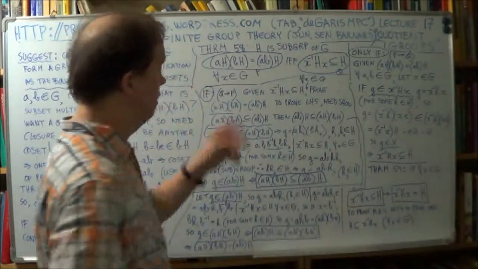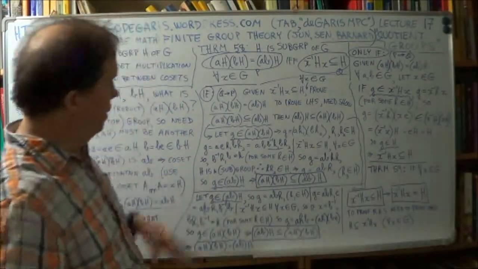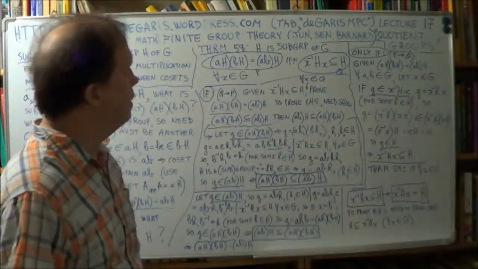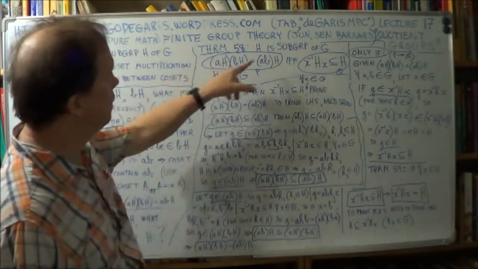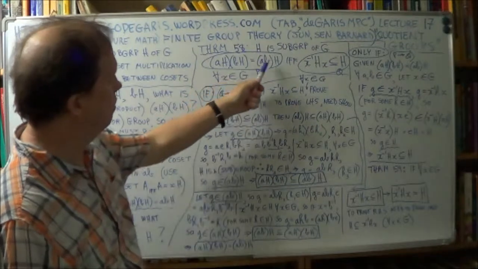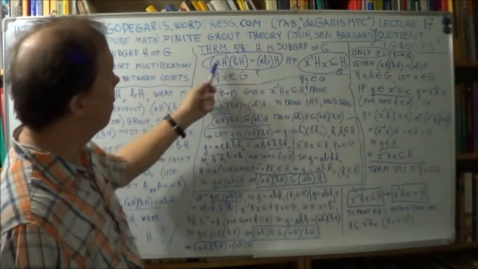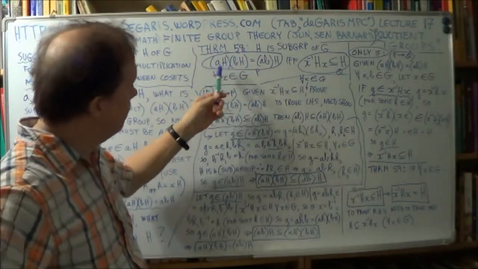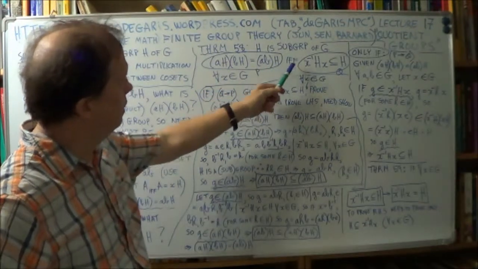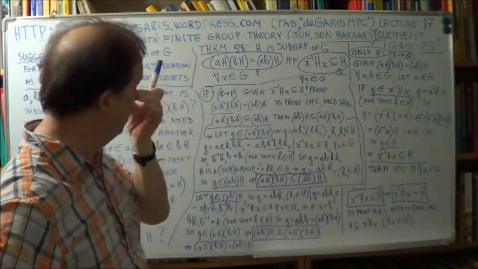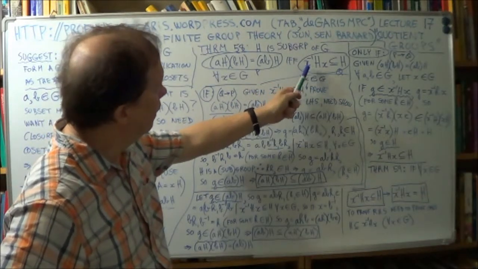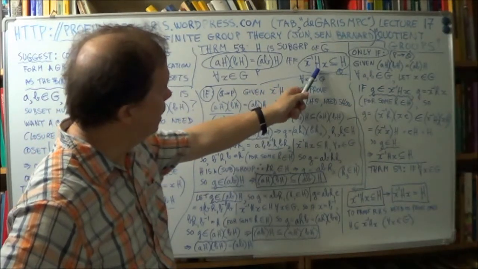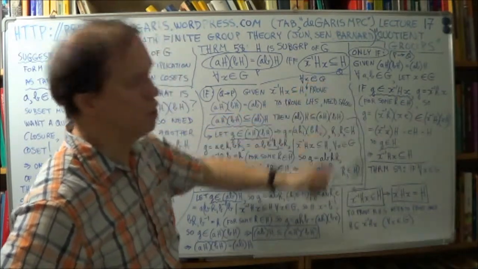Well, that leads into the next theorem, and you can see quite a lot of dense reasoning. And here's the statement of theorem 58. That's true if and only if x inverse Hx is a subset of H.